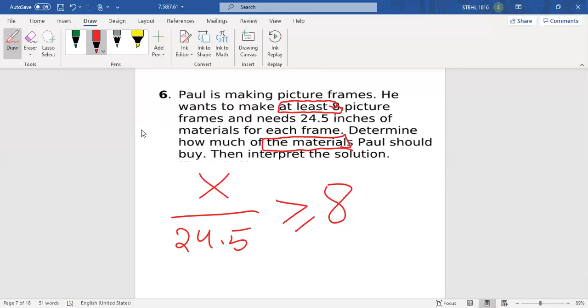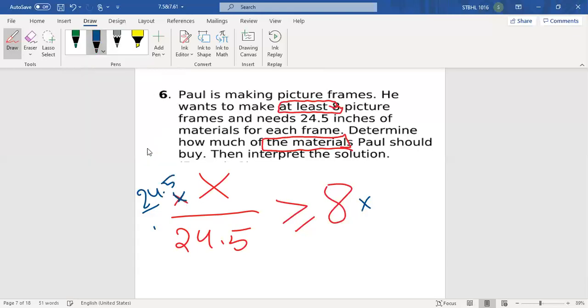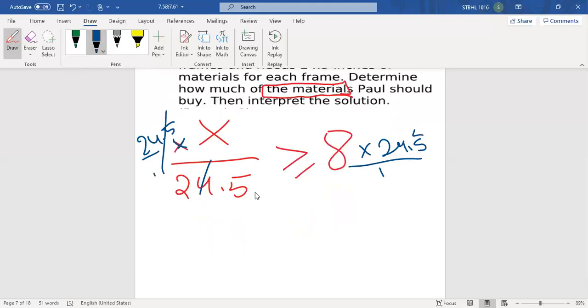Now, how can I solve this inequality? Multiply by the reciprocal again. You have to multiply both sides by the reciprocal. The reciprocal is 1 over 24.5, times 24.5 over 1. Then cancel these together. X is going to be more than or equal to 196.